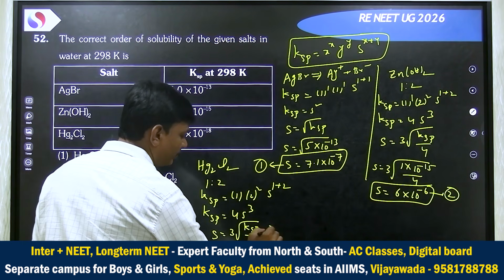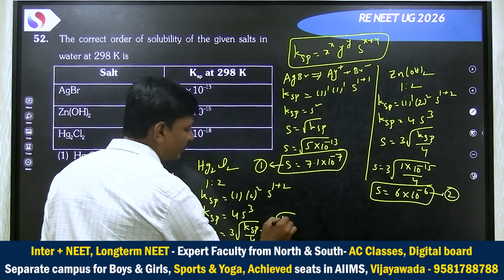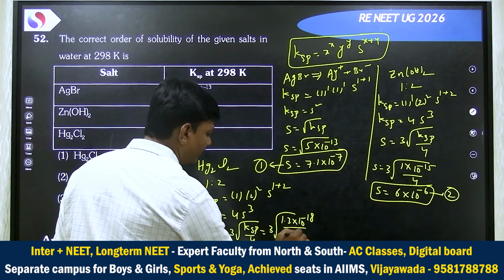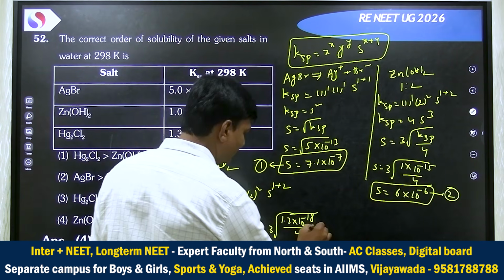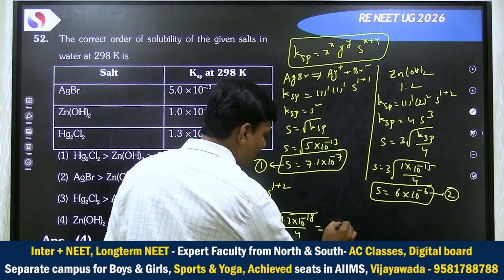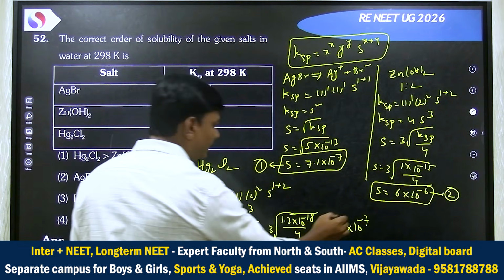The Ksp value for Hg2Cl2 is 1.3 into 10 to the power of minus 18, divided by 4. Then we calculate this value, and finally we get almost 6.8 into 10 to the power of minus 7. It is the solubility value for the third one.